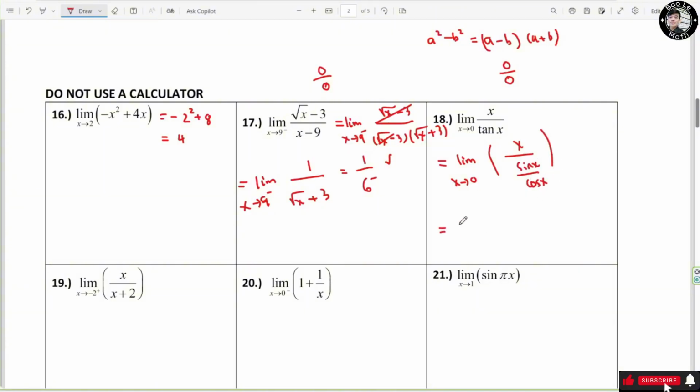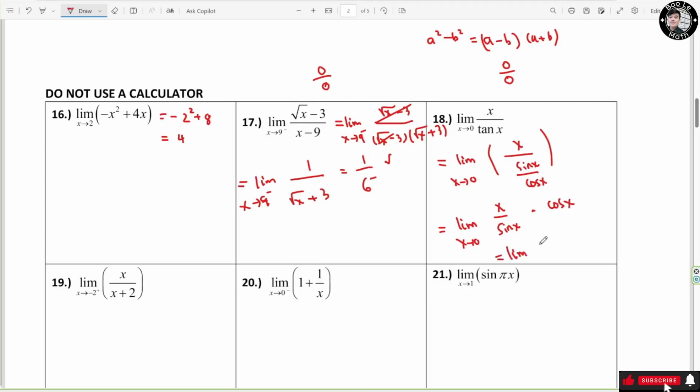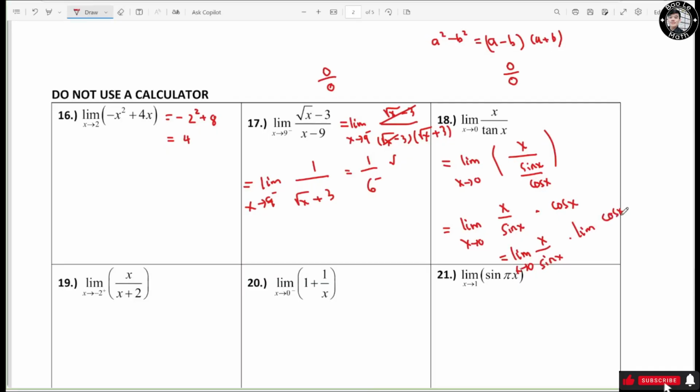So then it's going to be limit when s approaches 0 of s over sine s times cosine s, right? Then it's going to be limit of s over sine s when s approaches 0 times limit of cosine s when s approaches 0, right?